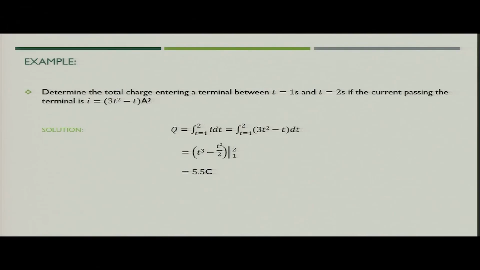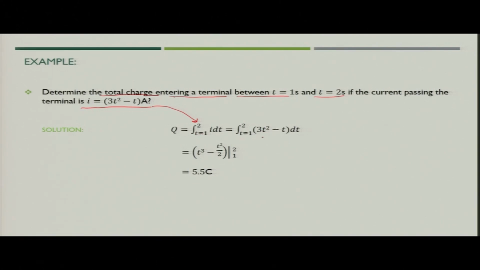Now, instead of charge, if current is given, say in this example I equals 3t squared minus t amperes, and you are asked to find the total charge entering an electrical terminal between t equals 1 second and t equals 2 seconds, you simply integrate the current between t equals 1 and t equals 2.